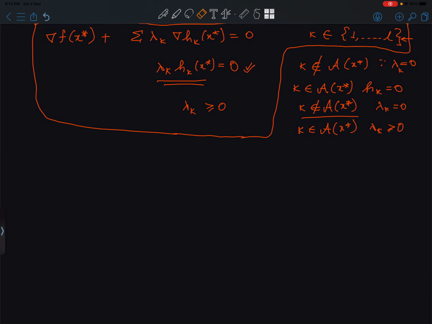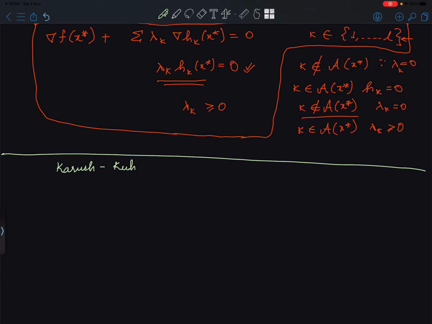Karush, Kuhn, Tucker, basically taking the first letter of each scientist's name, KKT conditions.